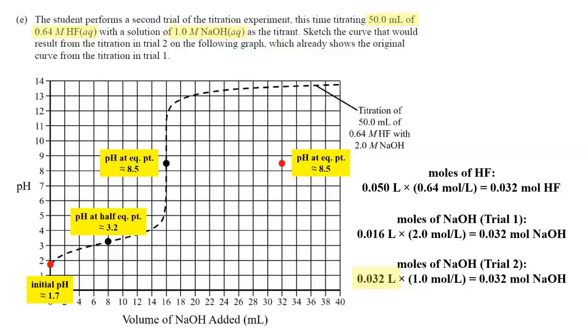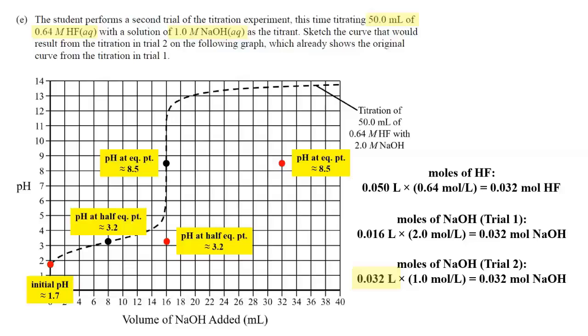Now, since half of 32 is 16, then that means that in trial 2, the half equivalence point, which would be a pH of approximately 3.2, would occur at the 16 milliliter mark on the x-axis.